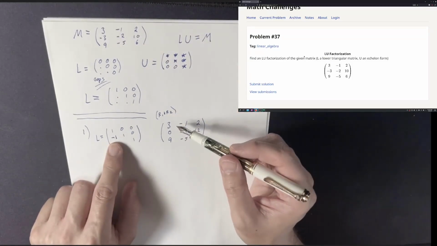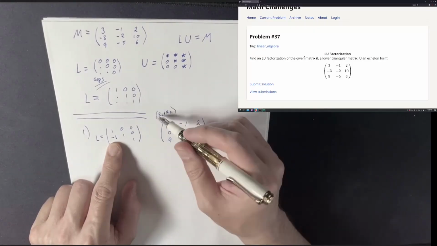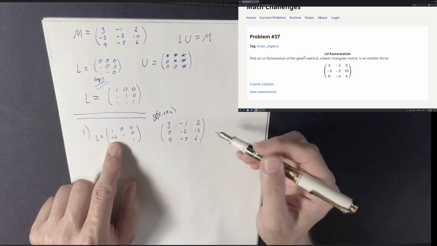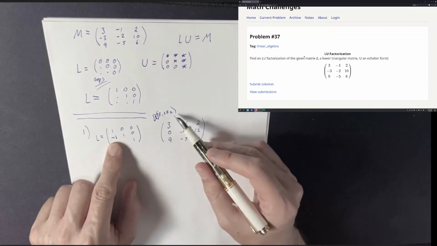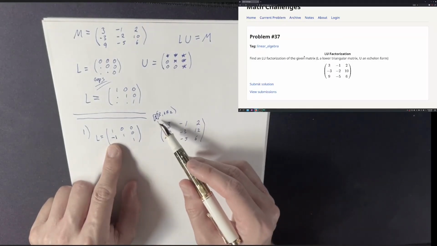So I'm putting sort of the opposite of what I just did as an operation. We did 1 times that first row and we added it to here, I'm saying -1 there because that's the multiple that you added.